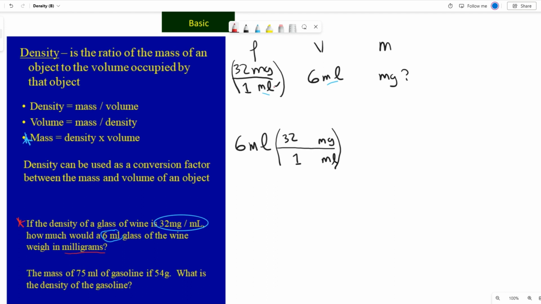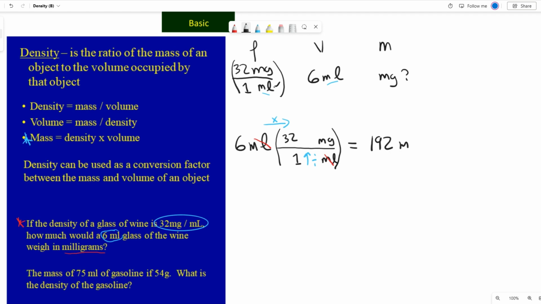So we've set our problem up so that volume and volume cancels out. We'll then just multiply across and divide. 6 milliliters times 32 milligrams divided by 1 milliliter: 6 times 32 is 192, divided by 1 is still 192.